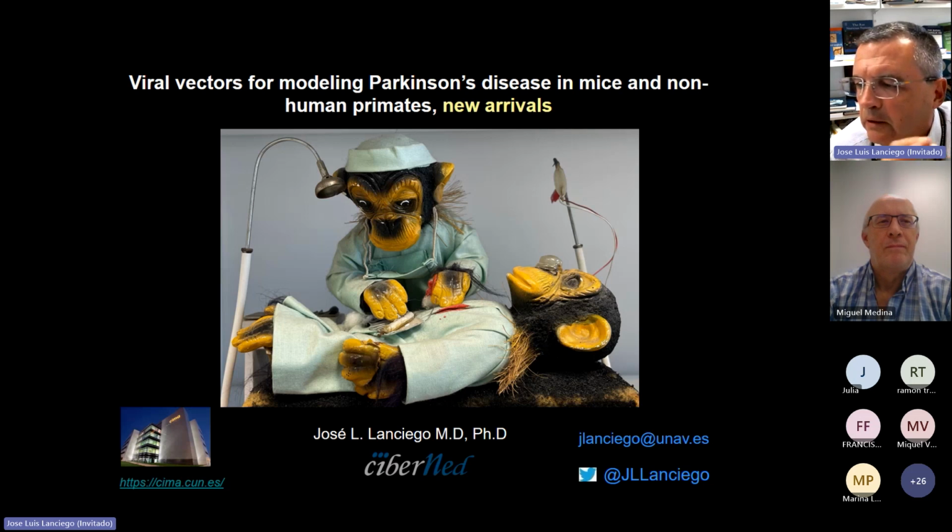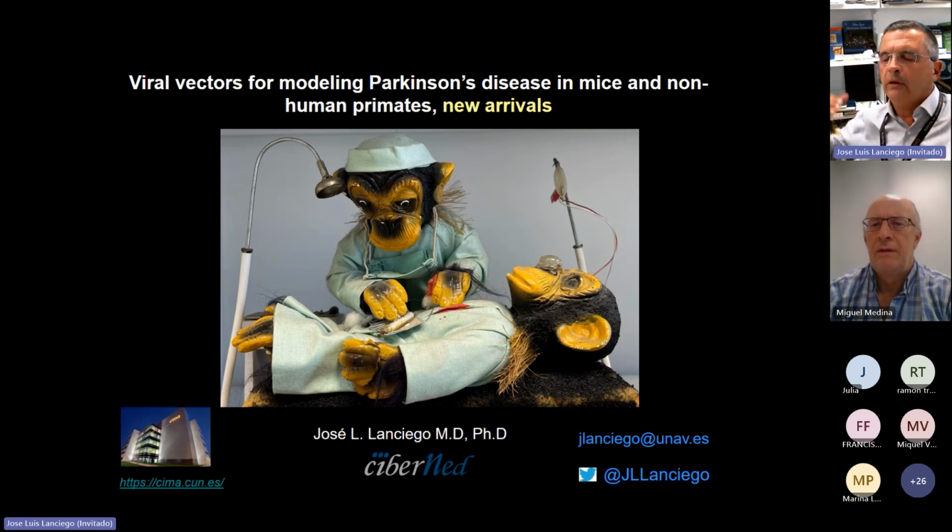So Miguel, just give me the chance to emphasize that this BBB penetrant variant of AAVs is available to any of you that might be interested in this. Of course, because of our collaboration with Miquel Vila, we are pretty much focused on neuromelanin. But this is just a given type of AAV.